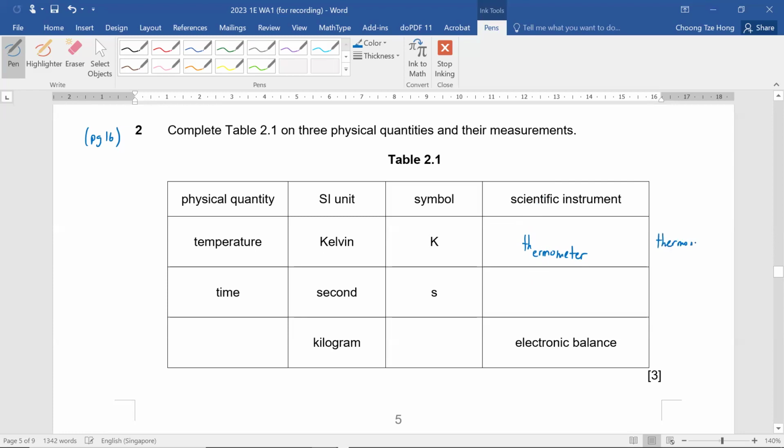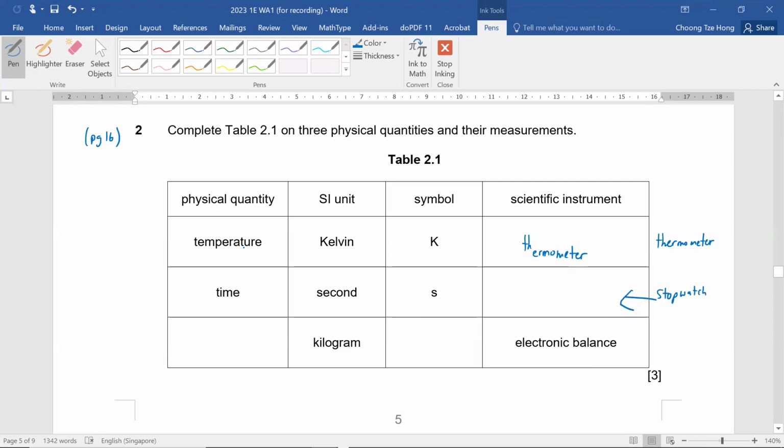So this is thermometer. Then the physical quantity is time, the SI unit is second, the symbol will just be s. The instrument to measure time would be the stopwatch. So I'll write it over here. So this will be the stopwatch, so you put it inside here.